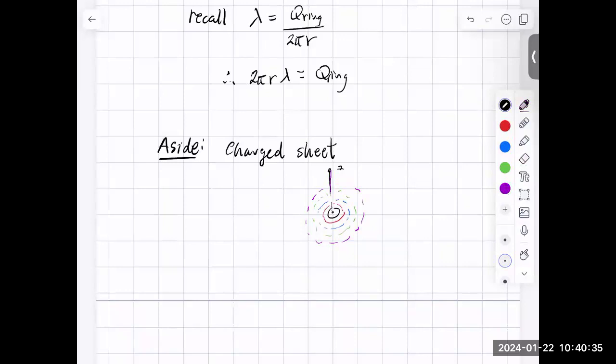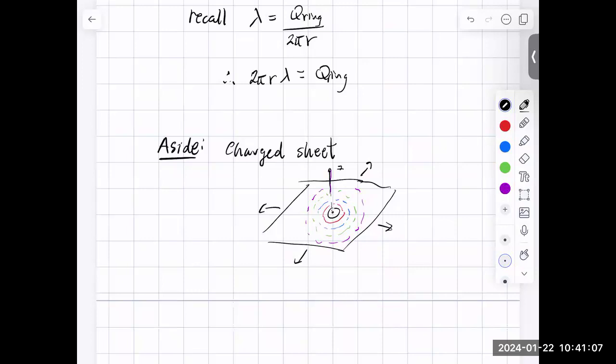But if I keep adding rings, more and more and more of them, I eventually will construct a uniform sheet of charge. So I keep adding the contributions of the electric fields due to charged rings, starting with a radius of 0 and going up to a radius of infinity, and I'll get a charge sheet. That calculation is a little more difficult, and so I'm not going to expect you to know it or to read it even.